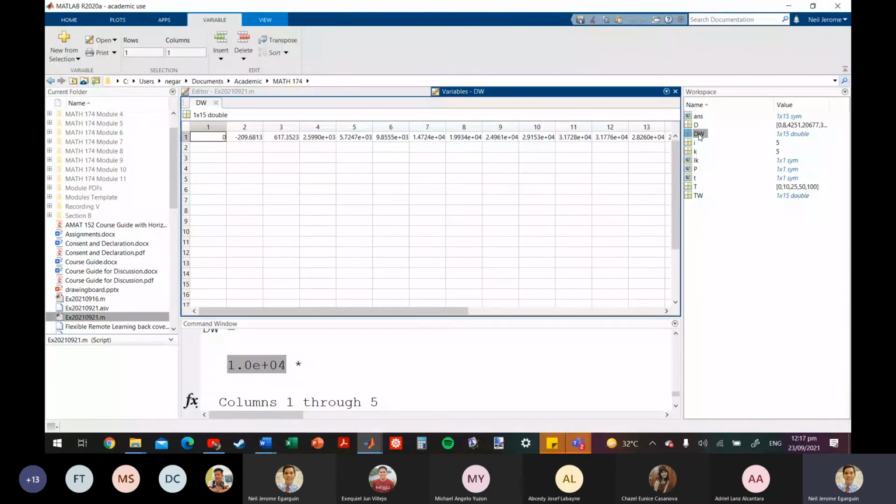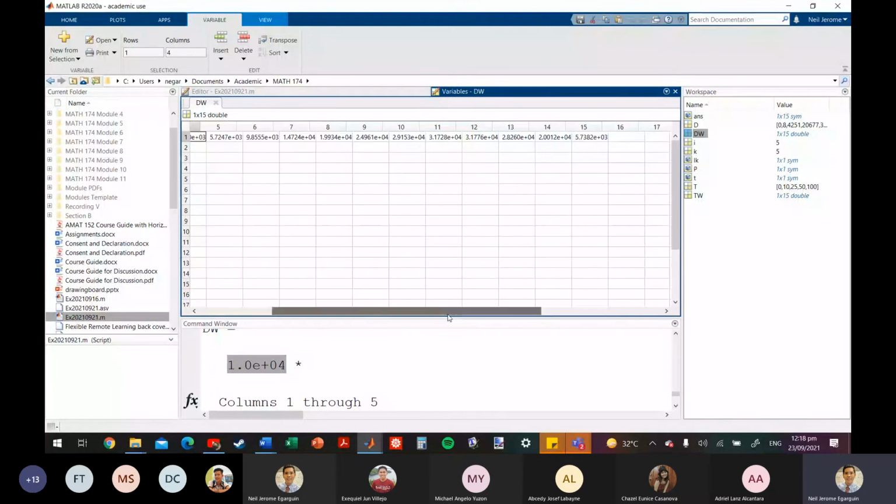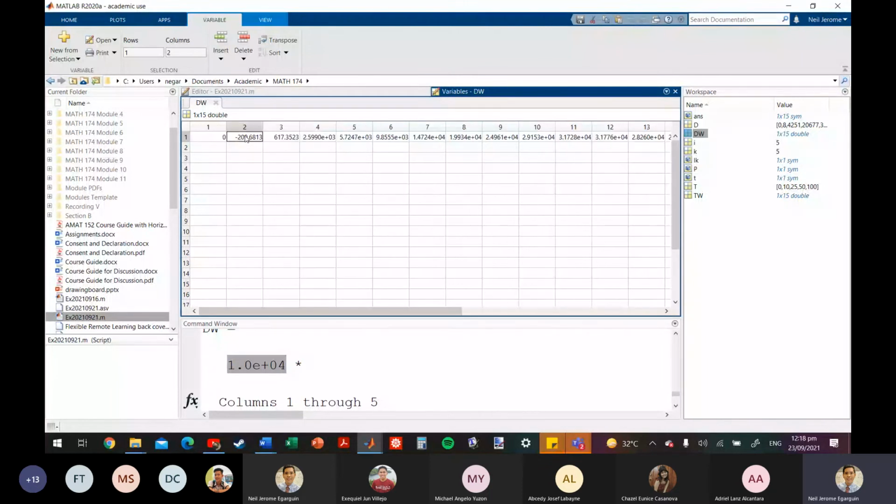So here I see that this is t equals 0, this is for t equals 7, this is for t equals 14, and so on. So makikita nyo yung values. But unfortunately, the second value here corresponding to t equals 7 doesn't make any sense kasi meron daw negative 209.68 deaths on day 7, which doesn't make any sense.